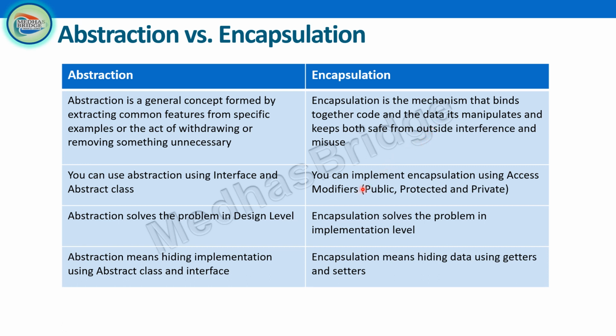You can implement encapsulation using access modifiers like private, protected, and public. Encapsulation solves problems at the implementation level. Encapsulation means hiding data using getters and setters, like initializing the attributes.